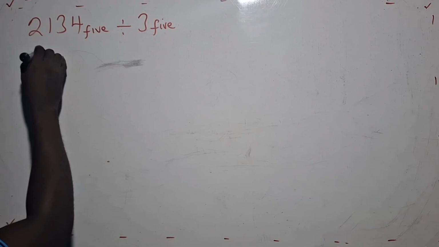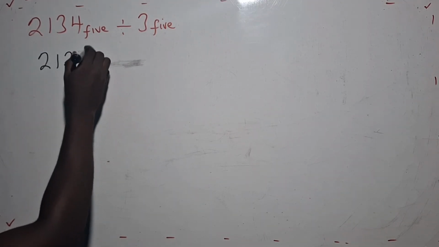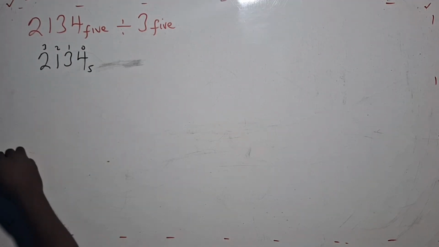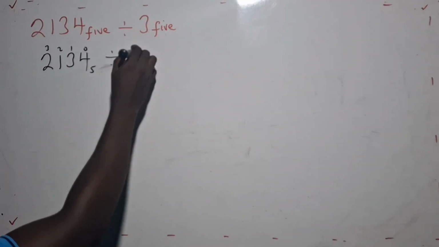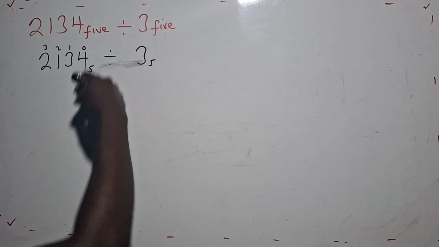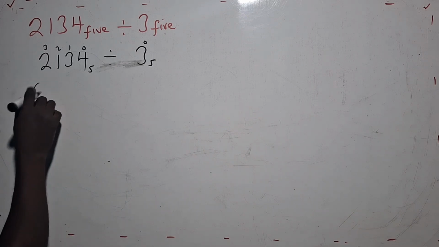So we are going to award powers to 2, 1, 3, 4 base 5. So this one is 0, 1, 2, 3. Then divided by 3, this one has 0. Follow closely.